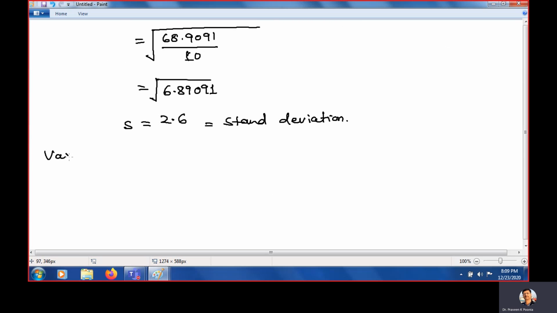Okay? And the last one is variance. Variance is how much? Variance is s power 2 and it is equal to 6.89. Understand?